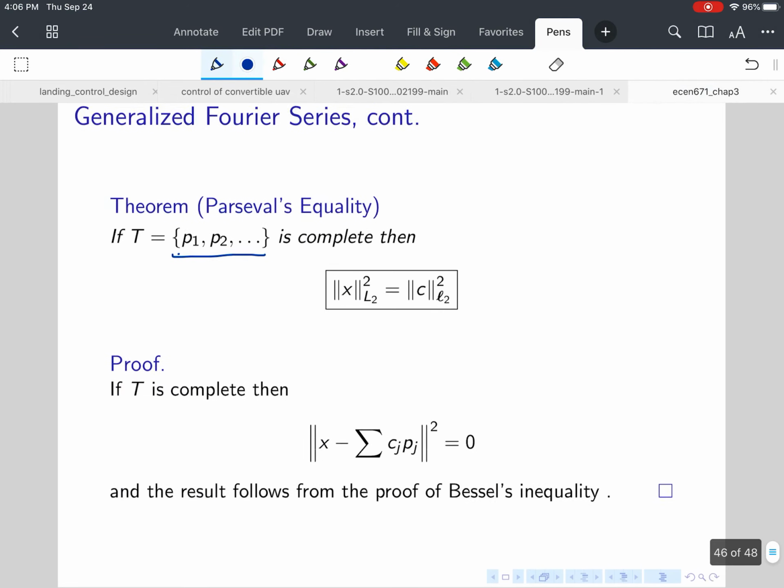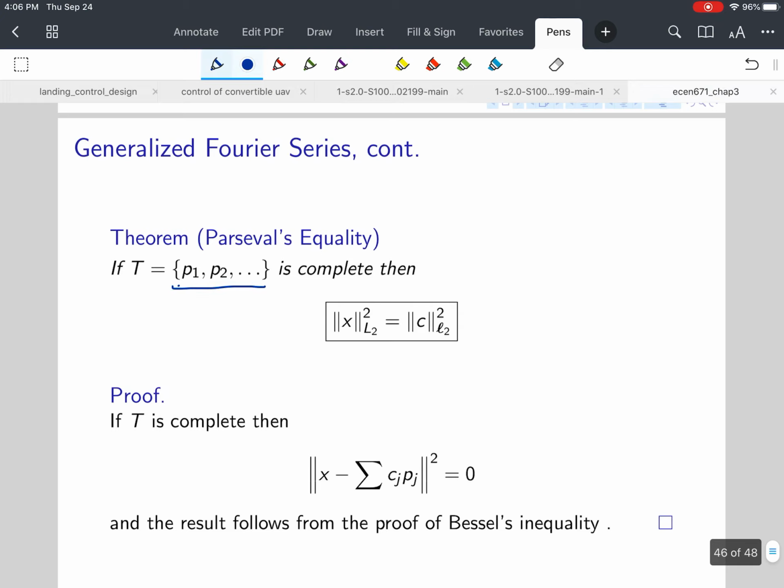So if it's complete, then every x can be written as a linear combination of the basis vectors. In that case, we get that the capital L2 norm of the function is equal to the little L2 norm of the sequence of Fourier coefficients.